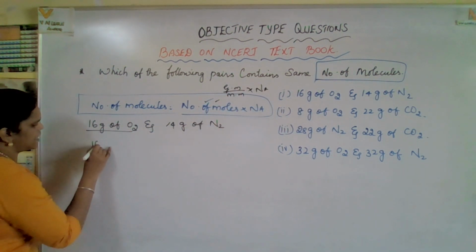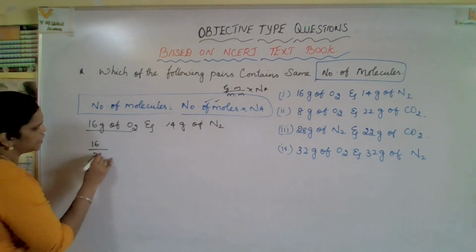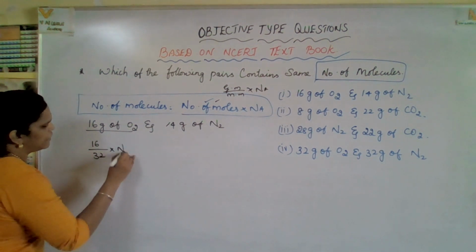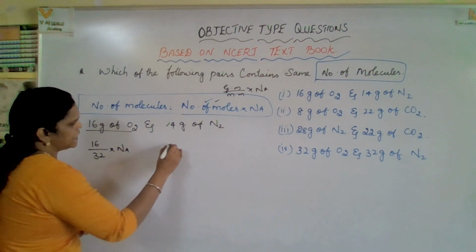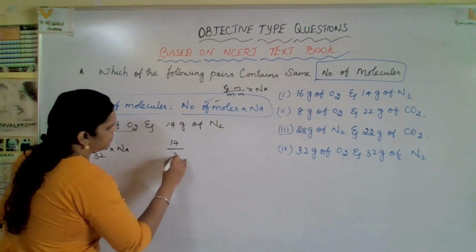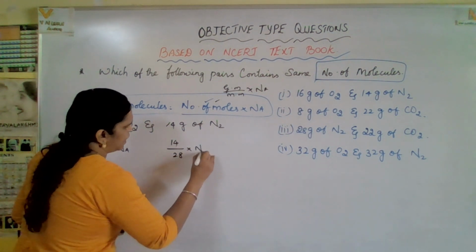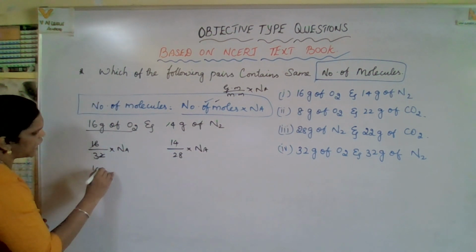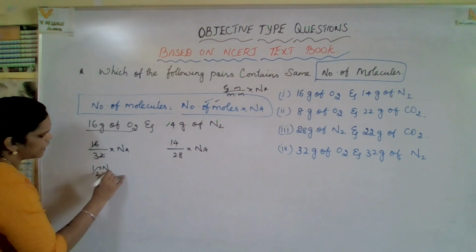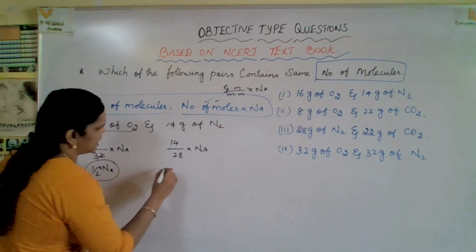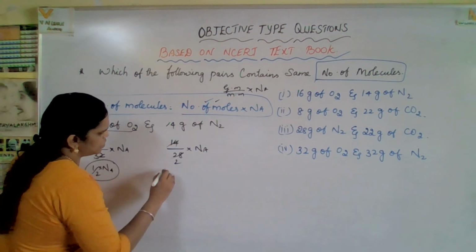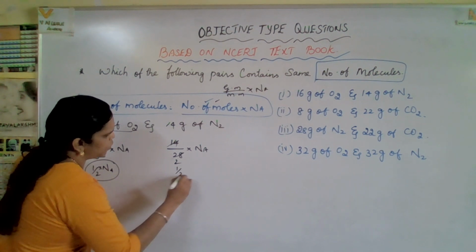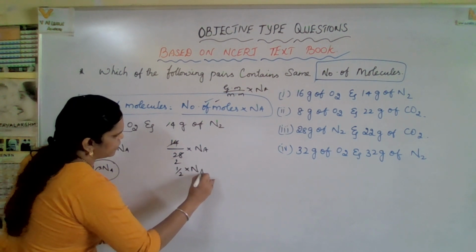Now 16 divided by 32 into Avogadro number, whereas here 14 divided by 28 into Avogadro number. So here it is 1 by 2, half mole into Avogadro number, whereas here also half mole into Avogadro number.